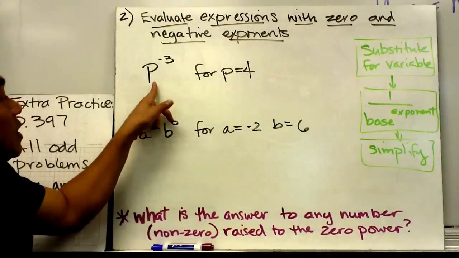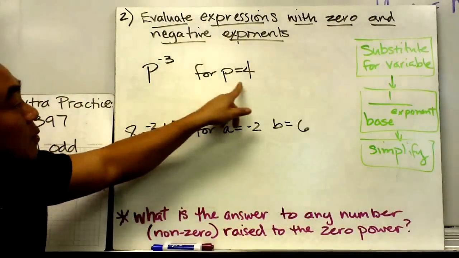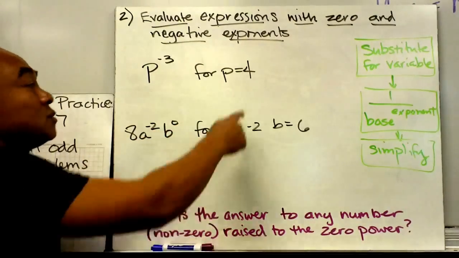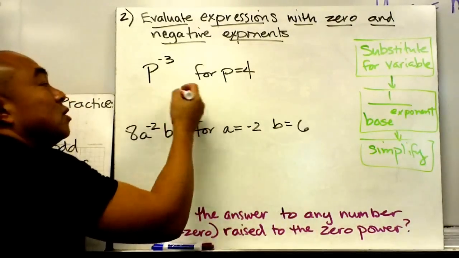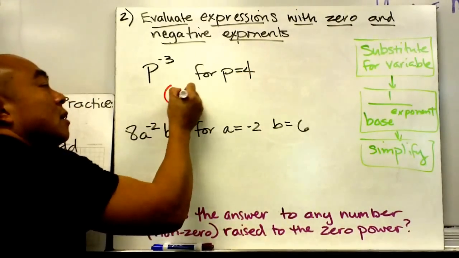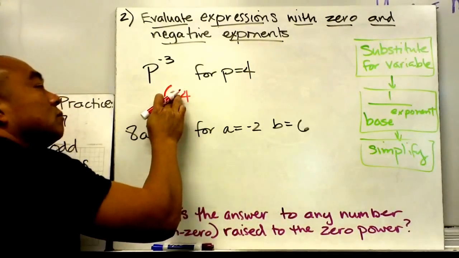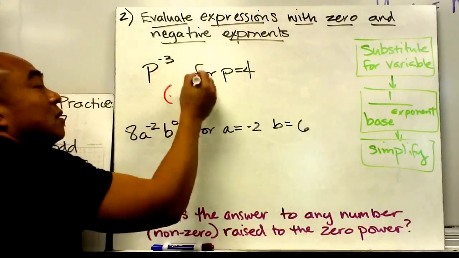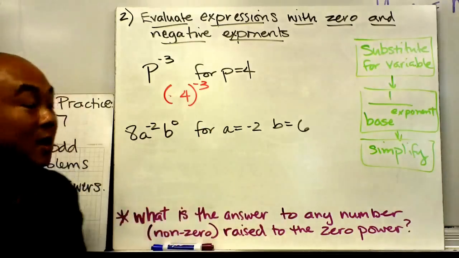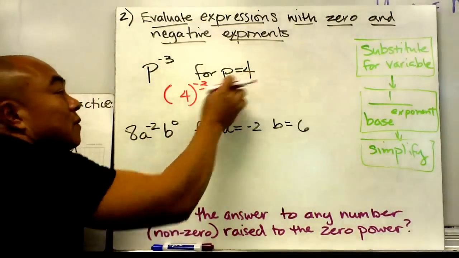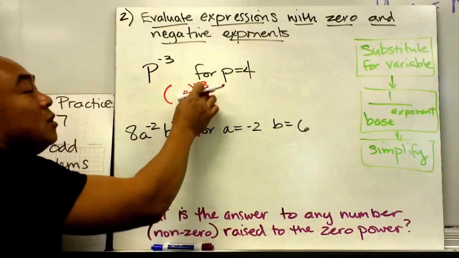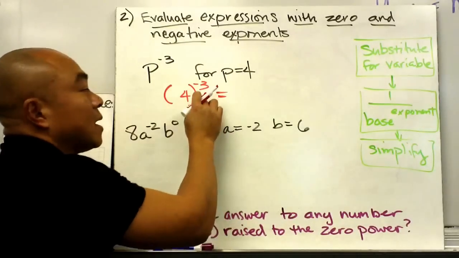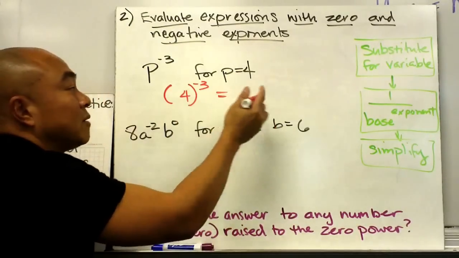Here we have p to the negative 3 power, and we notice that p is 4. So all we're going to do is substitute there. When you place the 4 here, make sure you put parentheses here, and then your negative 3. You want to put this in parentheses because you are taking this entire term to the negative 3rd power. Now we set it up as we normally would with a negative exponent.